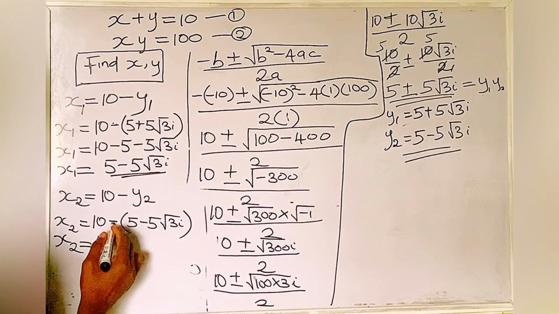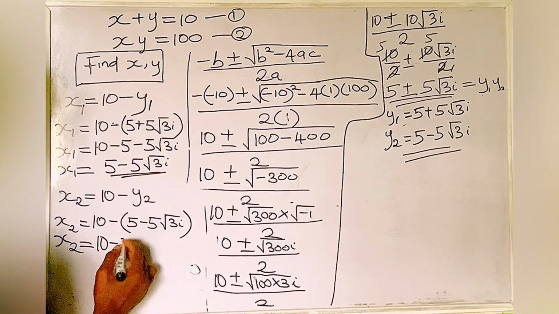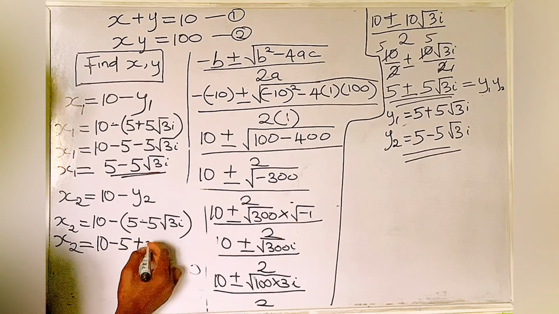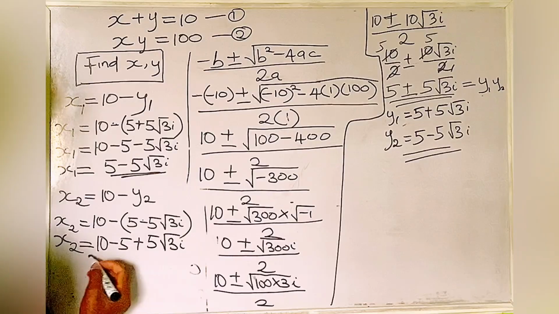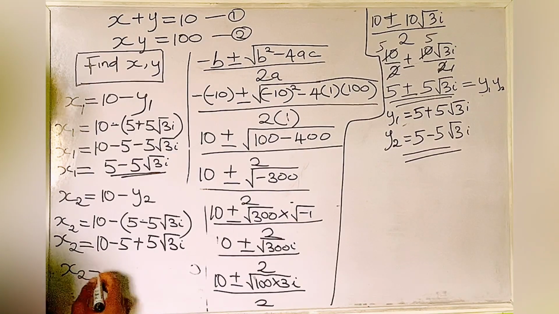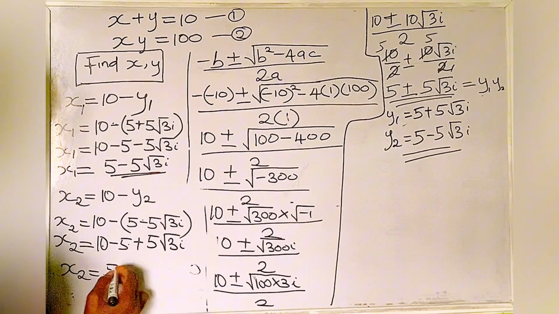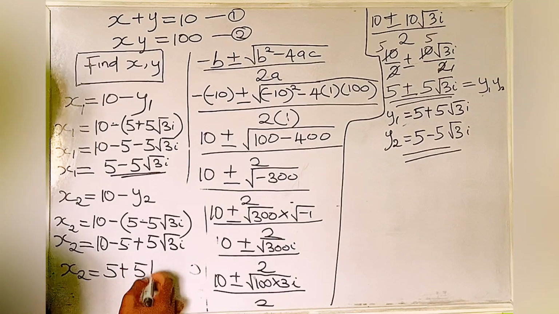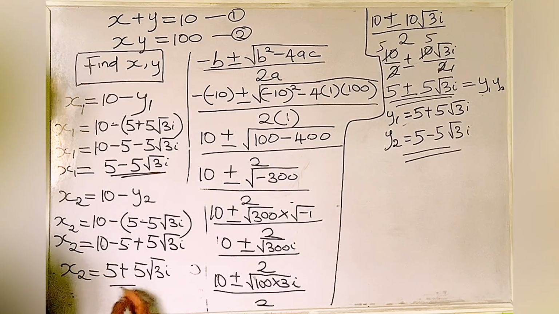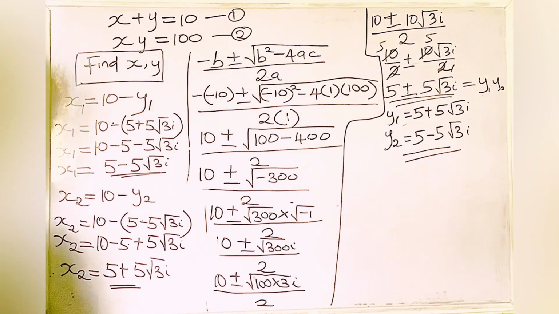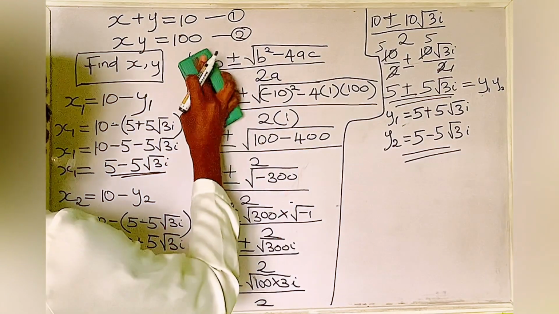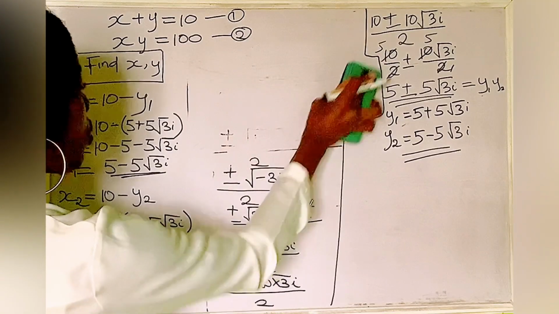So x2 is 10 minus 5 plus, minus times minus is plus, 5 root 3i. 10 minus 5, we have 5 plus 5 root 3i. So this is the value of our x2. Now I'd like us to verify this answer.